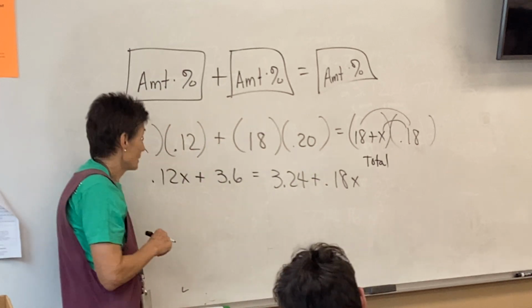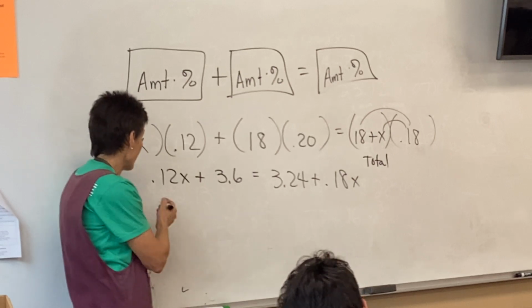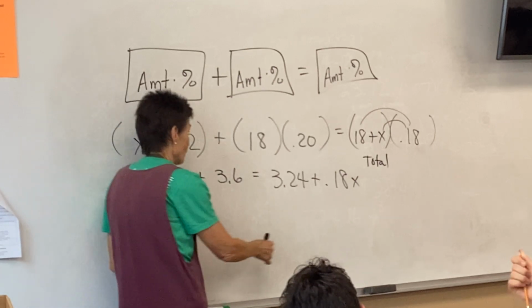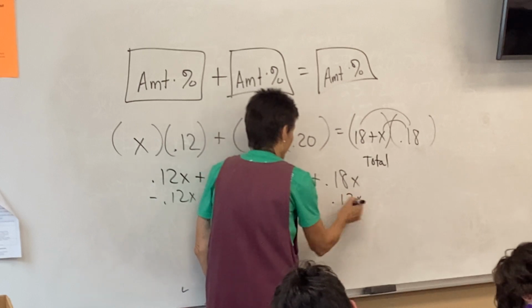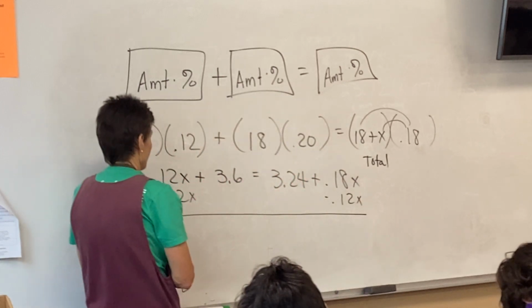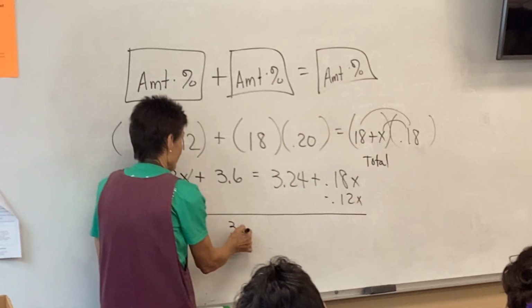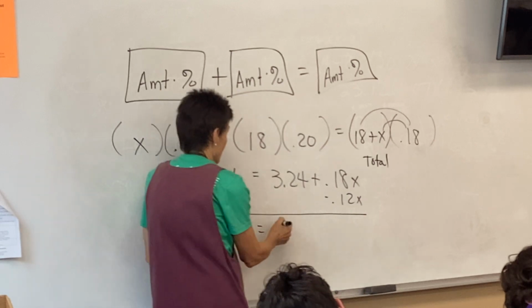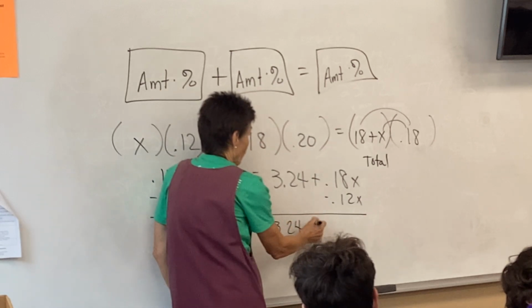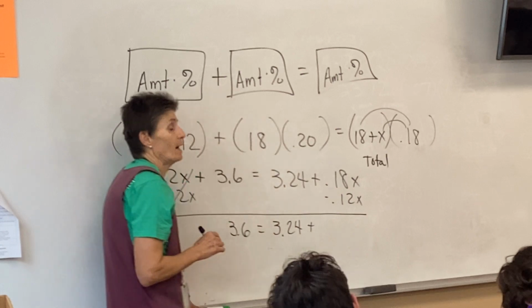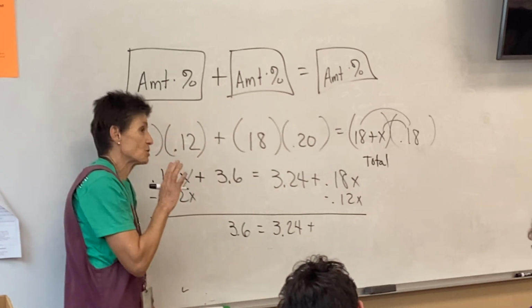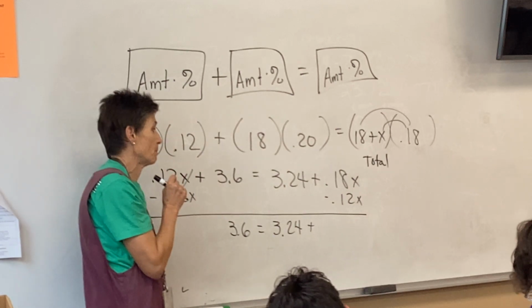Get X by itself, so I think I'll subtract the 0.12X over to here. So now I have 3.6 equal to 3.24 plus, oh my gosh, this is so easy, but it's a bugaboo for people.